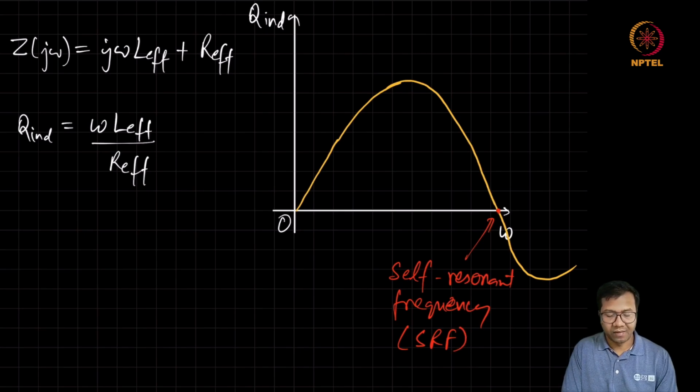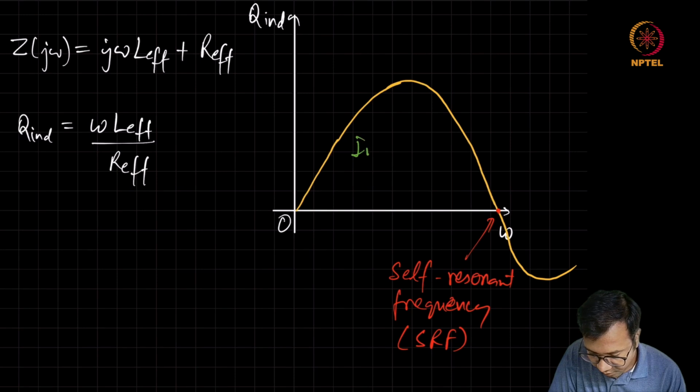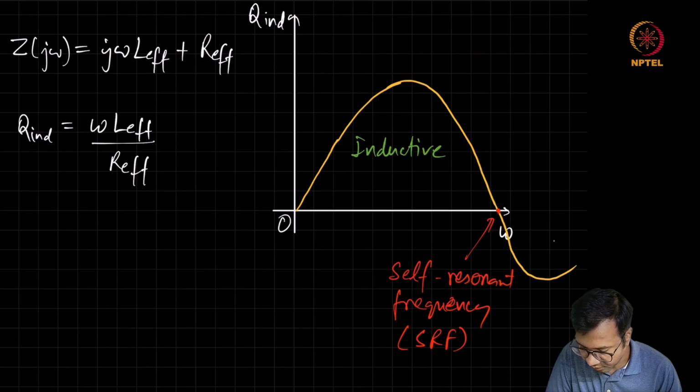So when we are trying to design an inductor, we want to operate somewhere here close to the maximum Q which we can achieve from the inductor, and we should also stay away from the SRF because around the SRF the value of inductor changes very rapidly. So here it is inductive, here it is capacitive.